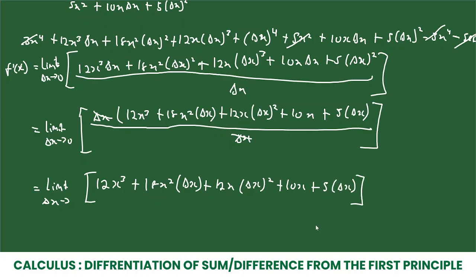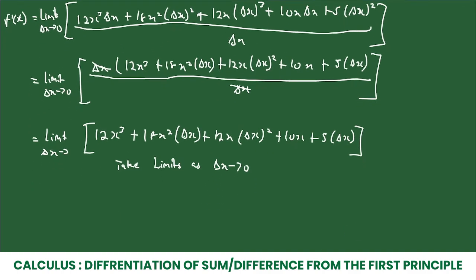So with this, we can't simplify this further. So what do we do? We just take the limit, right? As changing x approaches 0. So wherever you see changing x, you replace that by 0.